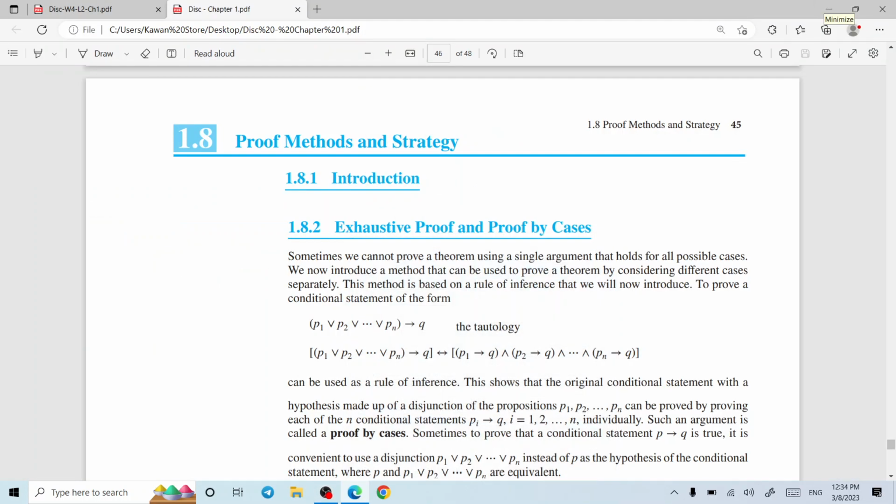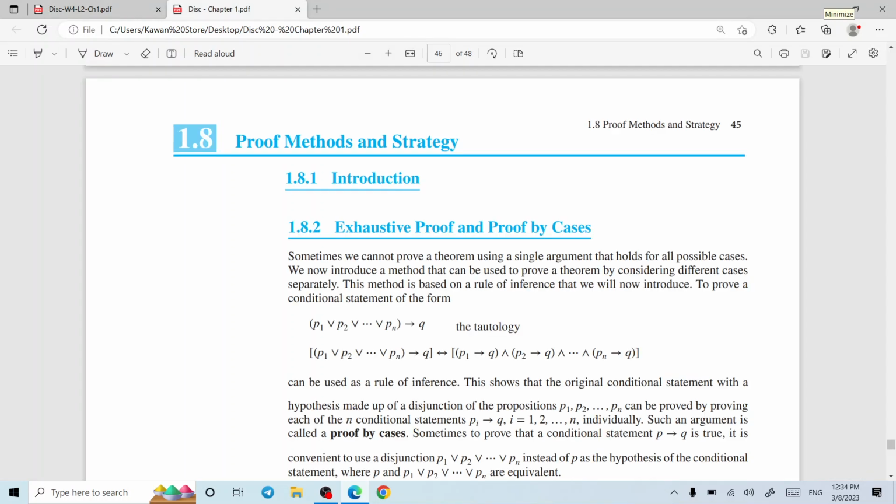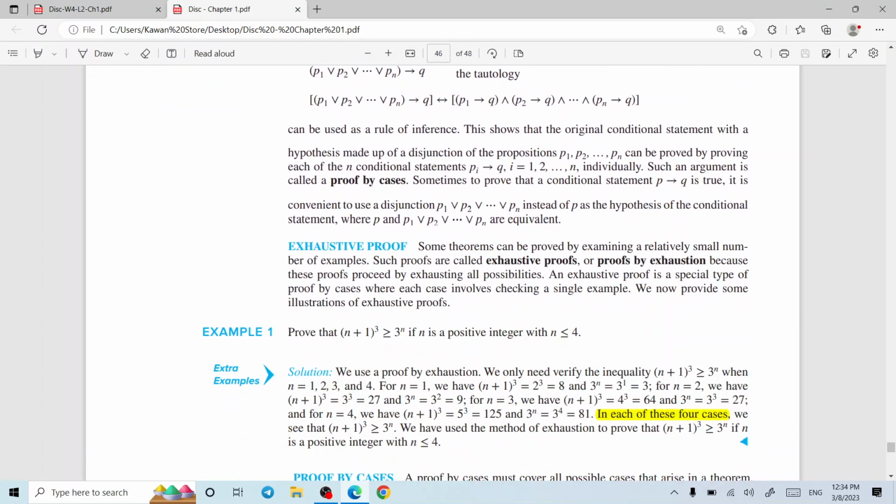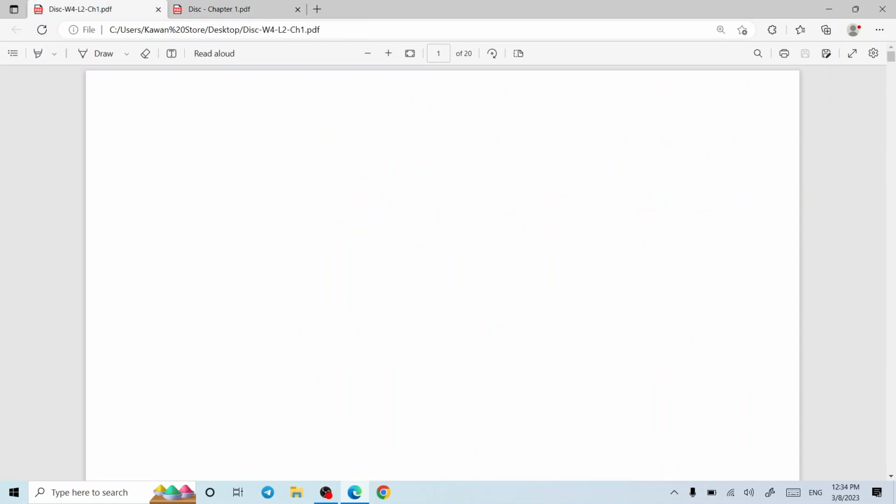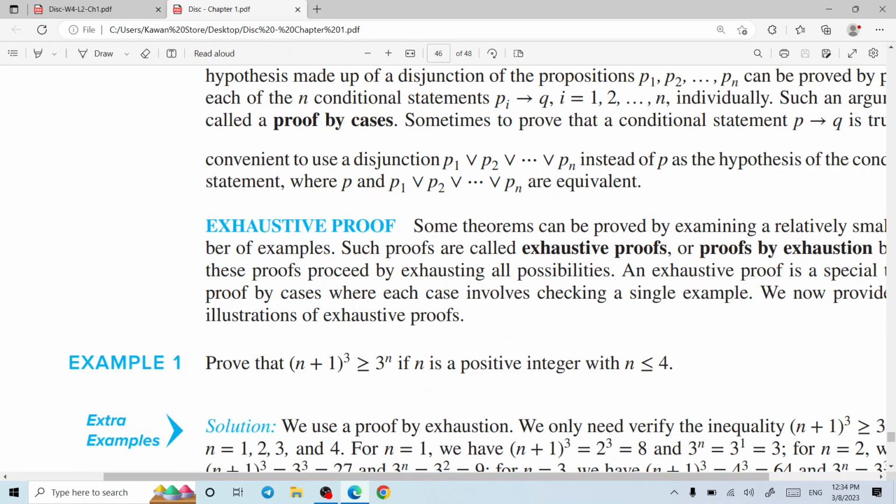Now we have solving by cases. For example, look at this example, let me follow the example. It says: prove that if n is a positive integer with n less than or equal to 4, then (n+1)^3 is greater than 3^n.